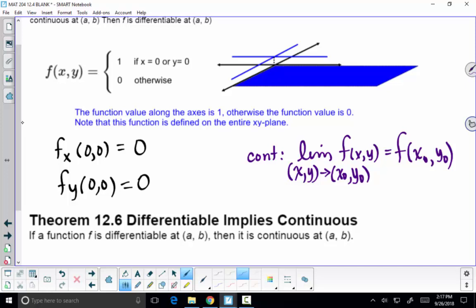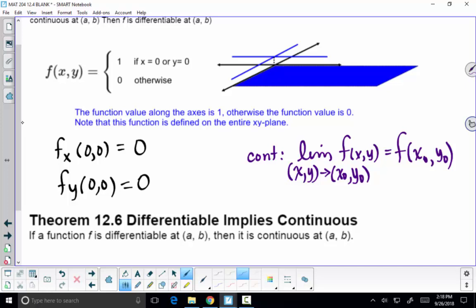And we don't have that here. If you just move a little bit off this x-axis, this function is no longer defined. You're going to have an f sub x that does not exist. So these things exist, but they're not continuous.